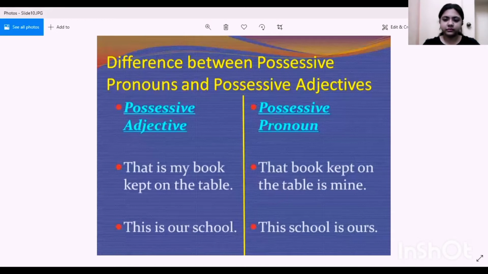An adjective always modifies a noun. So this "my" is an adjective. It is followed by a noun, and possessive pronouns do not need a noun. They do not modify a noun, so it always comes at the end. That's why mine is always coming at the end, and it is a pronoun. Yes, Angel of 7C.